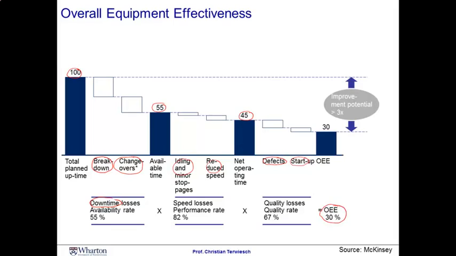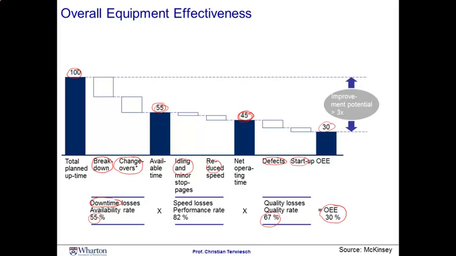This is simply driven by the 55% of the time that we have as downtime, 82%, namely the ratio between 45 and 55, that we lose because of lower speed, and 67%, 30 relative to 45, that are driven by quality losses. So we notice that the overall equipment effectiveness is 30%. We get 18 minutes of value out of each hour of work that we spend at the machine.